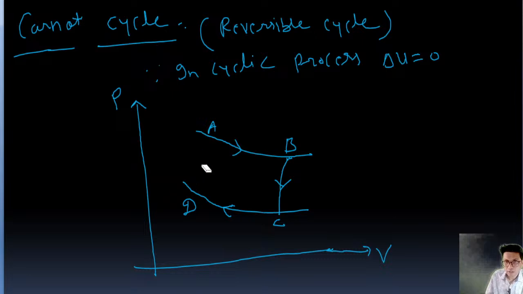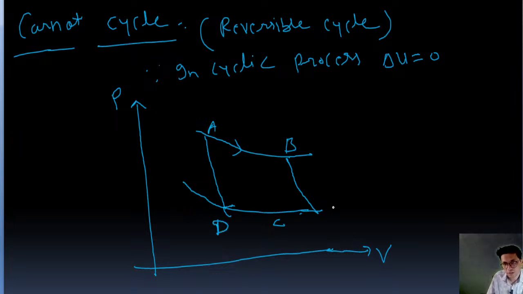Let me just correct it. This is D, this is C. So BC is adiabatic expansion, this is adiabatic compression, this is isothermal compression, because volume is decreasing.